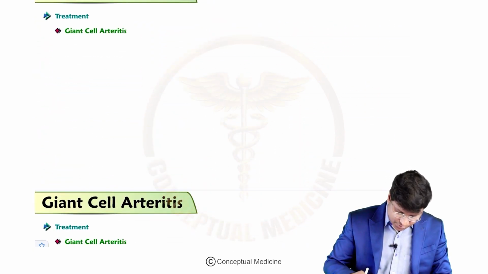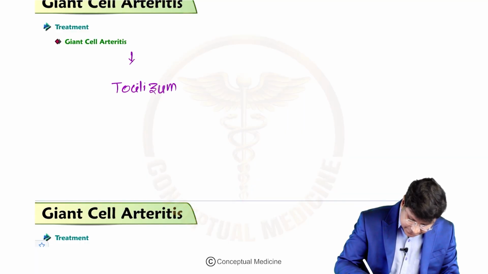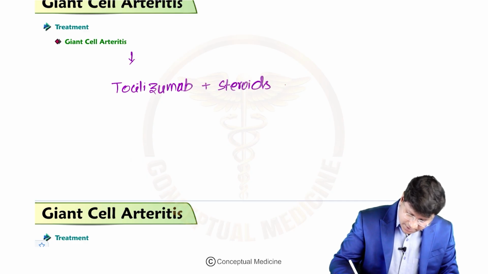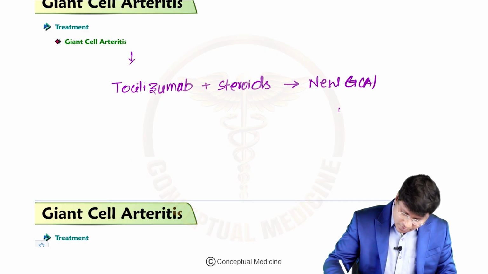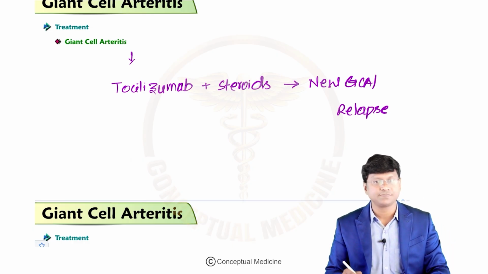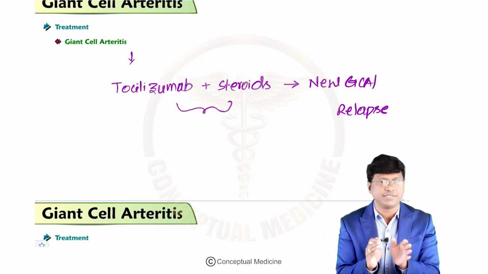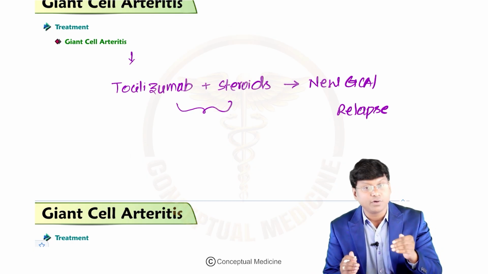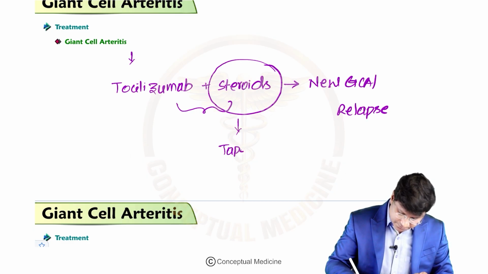So what does the clinical trial show? It shows that when you are adding tocilizumab to the steroids, in case of new onset giant cell arteritis or in a relapse case of giant cell arteritis, in these individuals, when you are giving these drugs in combination, they can taper off prednisolone, right?